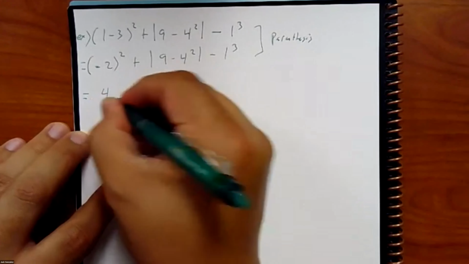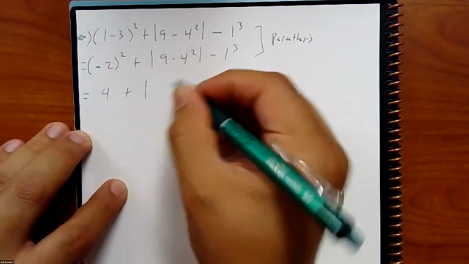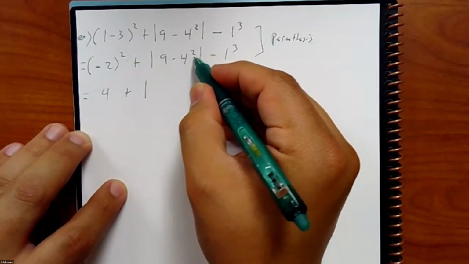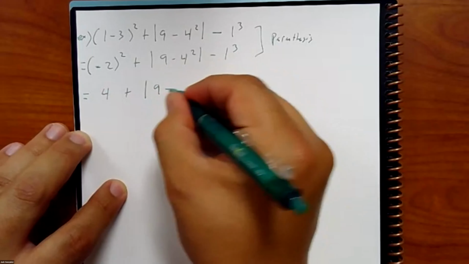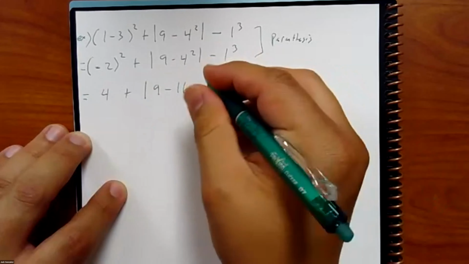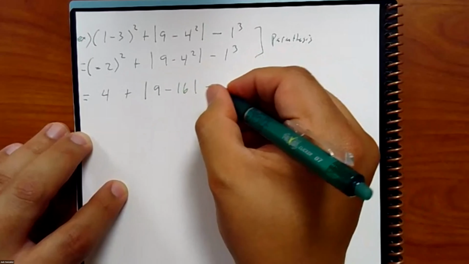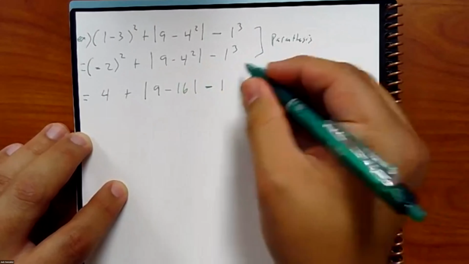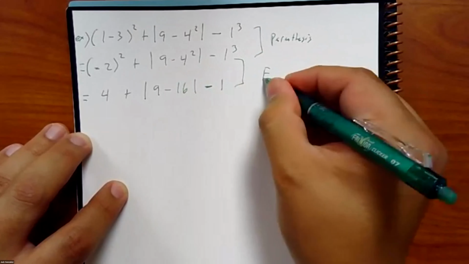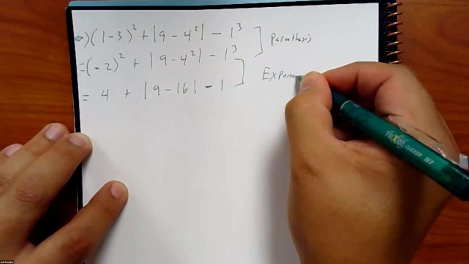So four, positive, and it stays, right? One cubed. Excellent.